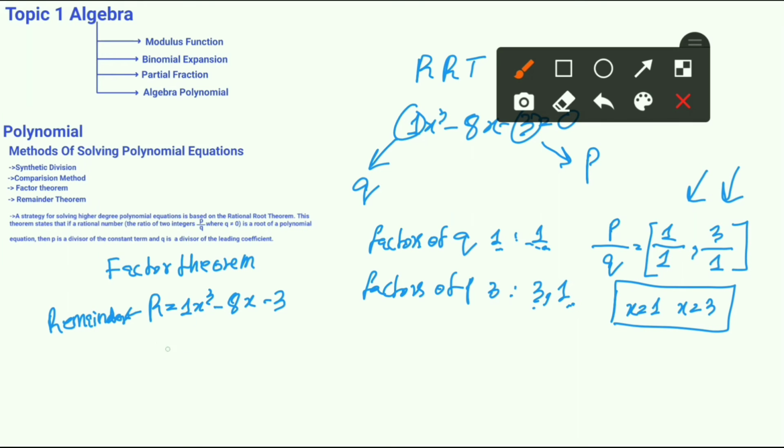Now if I put the value 1, 1 minus 8 minus 3, which means it's 10 minus 10... So this x equal to 1 is not a root of the equation. So what about 3? Let me use 3 now.